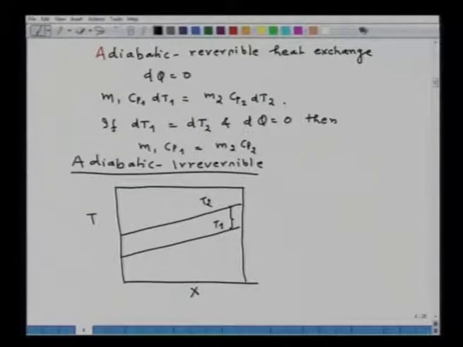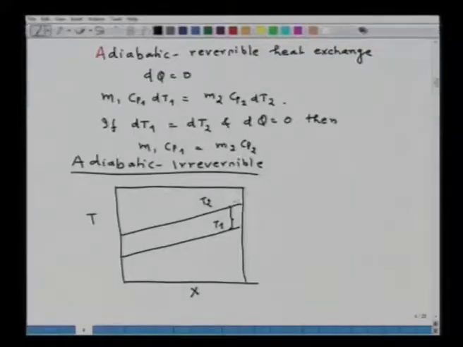Now, what you are seeing here is that the temperature difference which is driving the heat flow is constant over the entire length of the heat exchanger. Due to the irreversibility caused by the flowing fluid and the thermal resistance, the heat exchange is not complete.